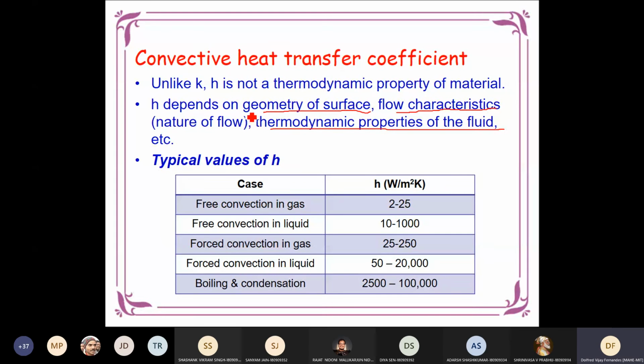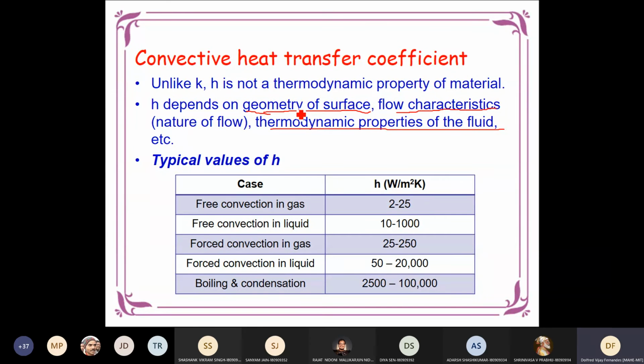What do you mean by geometry? Actually, we can say geometry and characteristics of the surface. The surface may be smooth or rough. Geometry: the surface may be horizontal or planar wall, vertical, or inclined. Depending on the orientation of the surface, the heat transfer rates will be different.